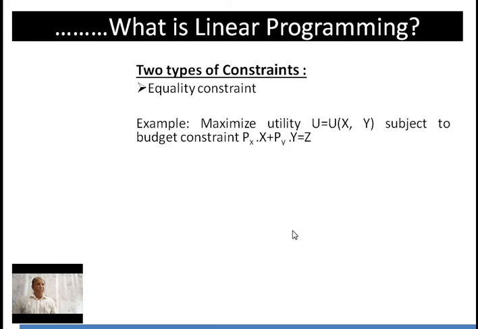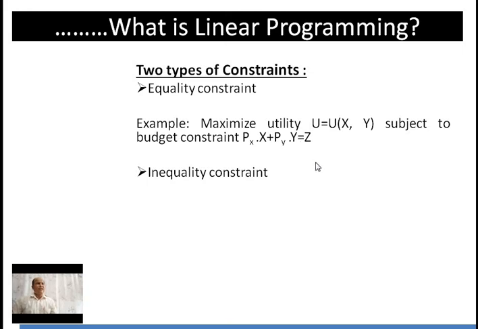For example, in case of equality constraints, maximize utility U(x,y) subject to budget constraint Px·x plus Py·y equal to Z. This means that he has to maximize his utility by fully utilizing his income.